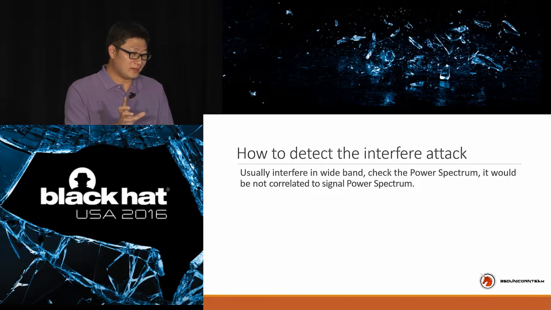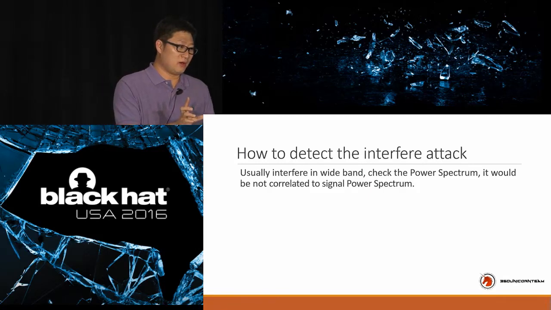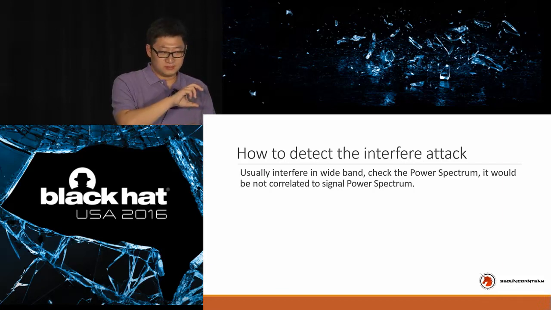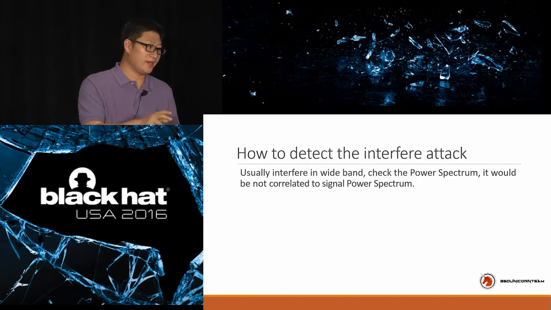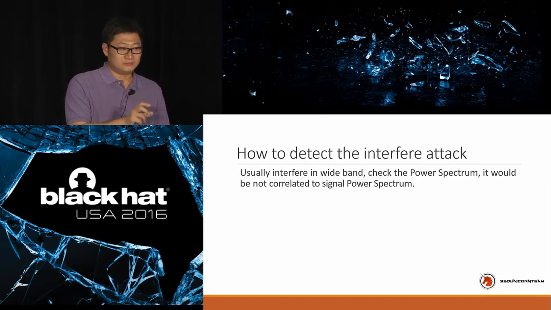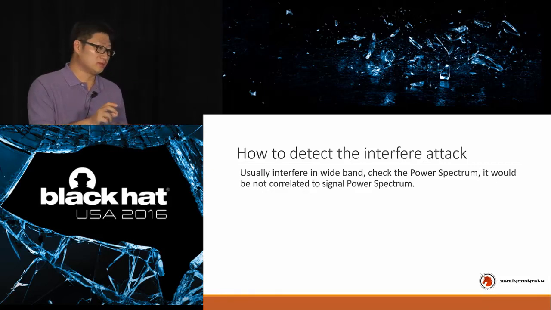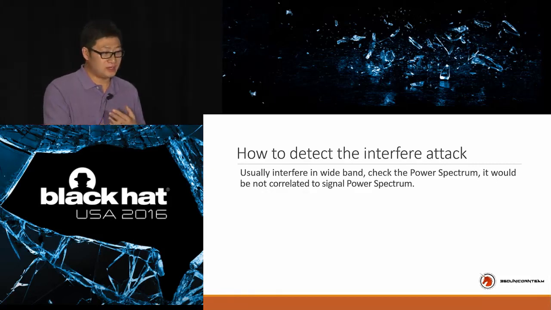So we can get the power spectrum for each piece. Each piece of spectrum will indicate some random interference power spectrum, so we can identify it.